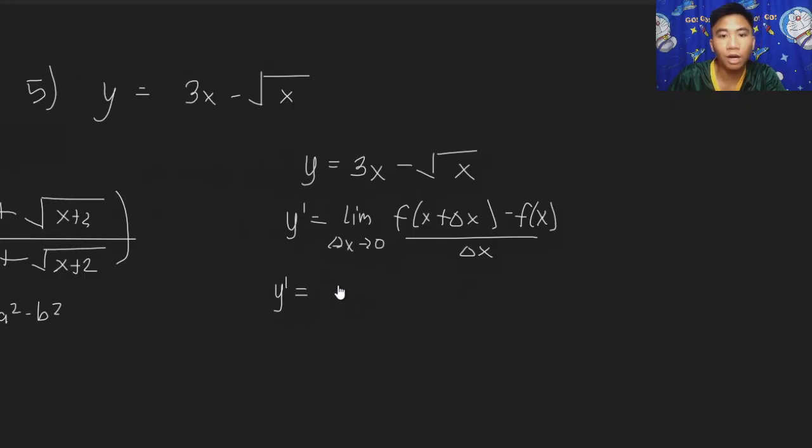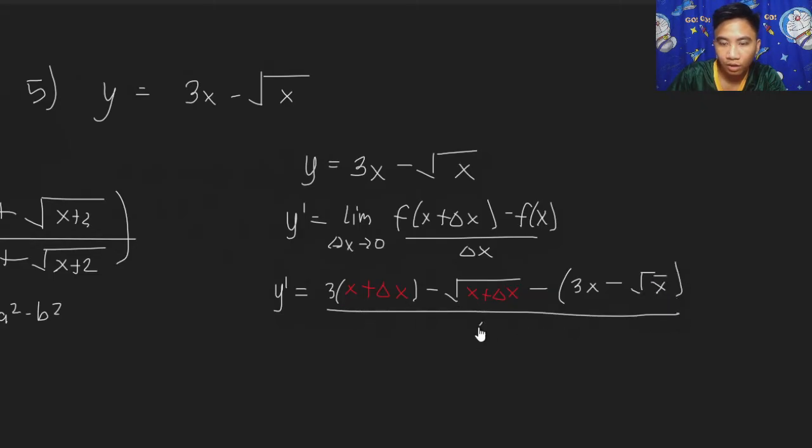So we will now have 3 multiplied to x plus delta x, yan, minus square root of x plus delta x minus the original function 3x minus square root of x, yan, all over the delta x.